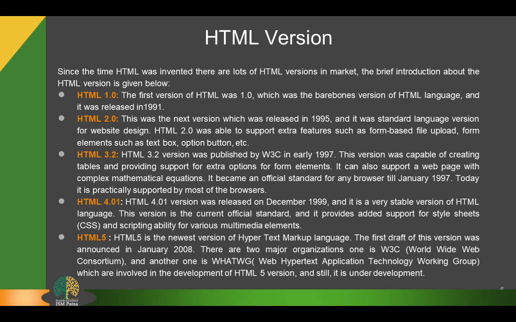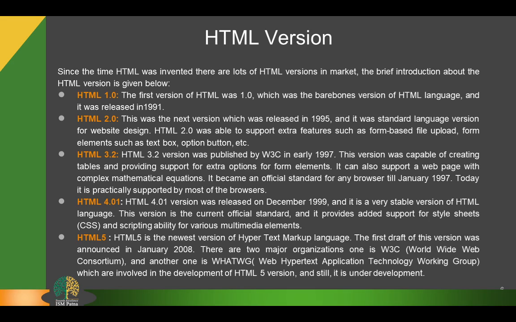It can also support a web page with complex mathematical equations, such as we are able to write subscript and superscript using the SUB tag and SUP tag to write mathematical equations. Today, it is practically supported by most of the browsers. Now, HTML 3.2 introduces the concept of table and some extra form elements.